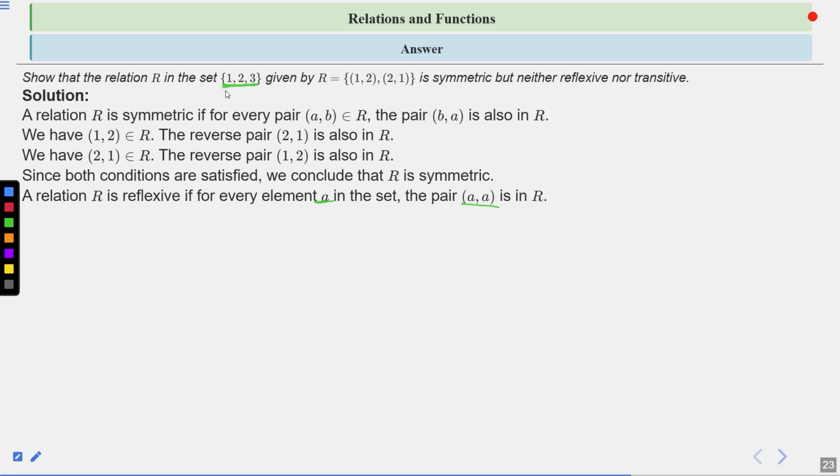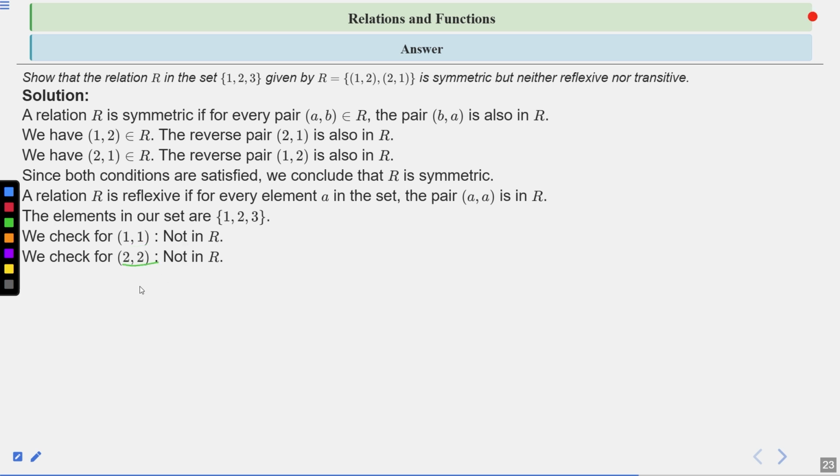This gives me that (1, 1) must belong to R, (2, 2) belongs to R, (3, 3) belongs to R. But here none of these pairs belongs to R, so not reflexive. So (1, 1) is not in R, (2, 2) also not in R, (3, 3) also not in R. So not reflexive.